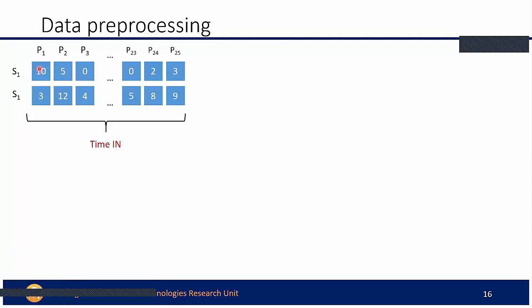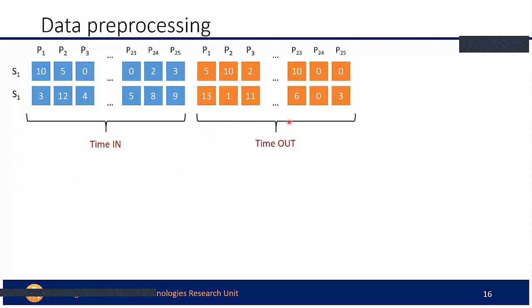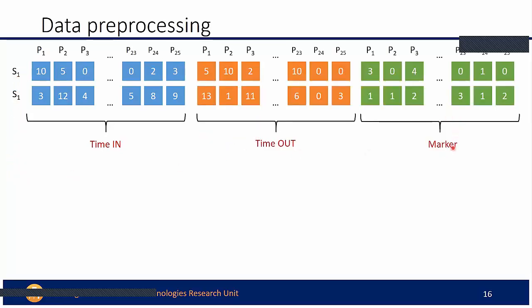Okay, maybe you can see it now, I'm not sure. So this is student 1, and this is page 1, and this is the amount of time this student spends during the class, because this is time in. We calculated this for each page of the content, and for all the students. And we also extend this to time out and marker.